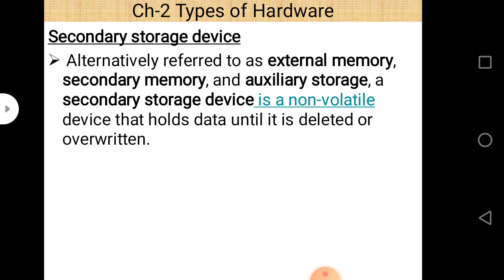Even though it is a primary memory, it saves data permanently, and it is basically used to store the very important instructions that are used to start a computer system. These types of instructions are called BIOS instructions. So as far as primary memory is concerned, these are the two important memories: random access memory and read-only memory.